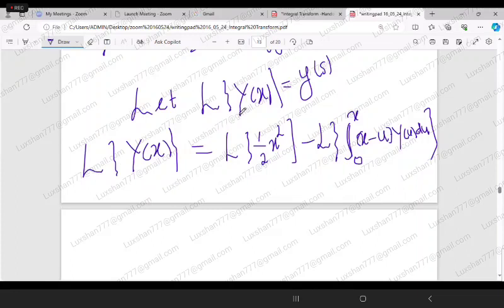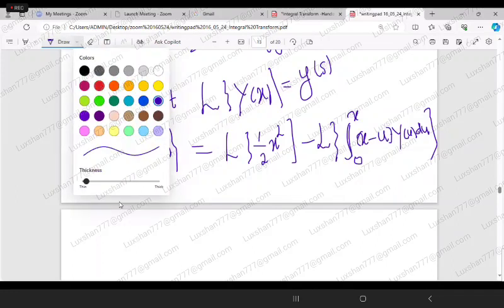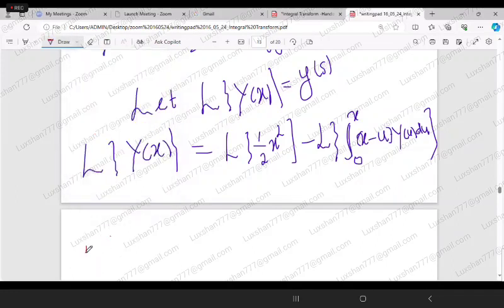So we have taken that the Laplace transform of capital Y(x) is equal to Y(s). Therefore, I can write this as simple Y(s) equal to half. I can take half out.